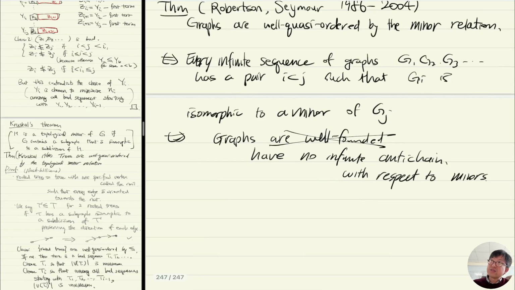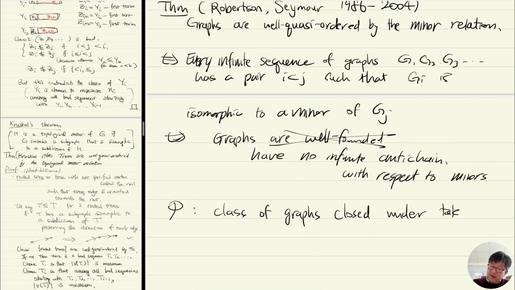So why is this interesting? Think of the following. Let P be a class of graphs closed under taking minors and isomorphisms.